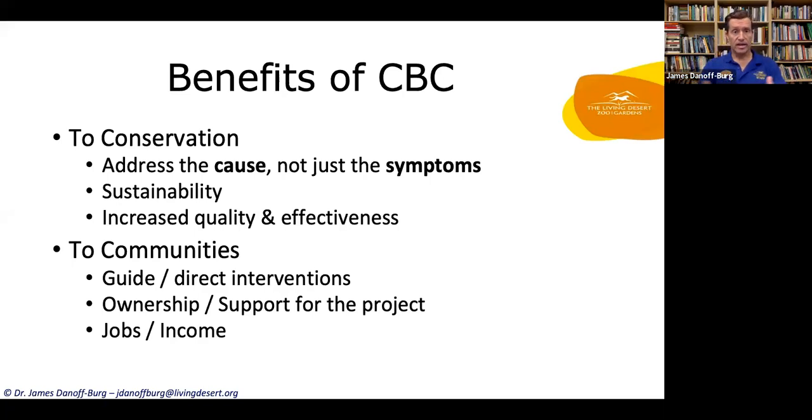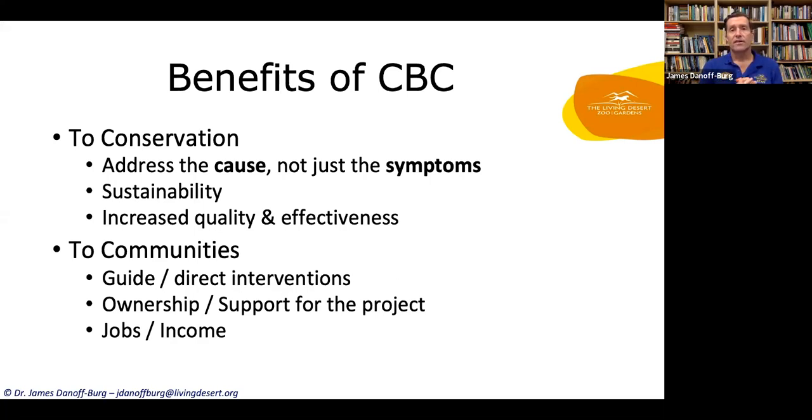Because when people in the area are benefiting by conservation, are they going to be opposed to conservation? No, right? They're going to be in favor of it. They're going to want it to continue. So those ranchers are the best advocates for cheetah dogs. And that leads to the sustainability of that program, just as one example of one program among many.